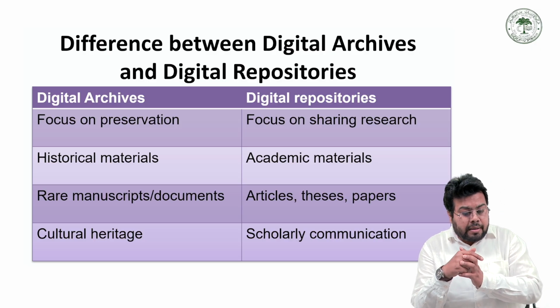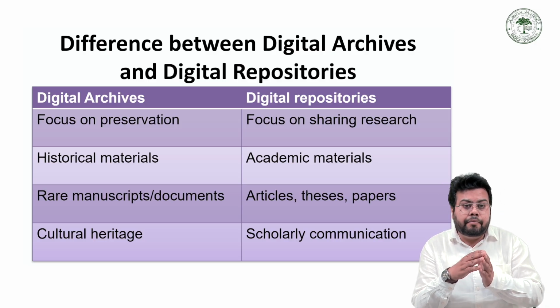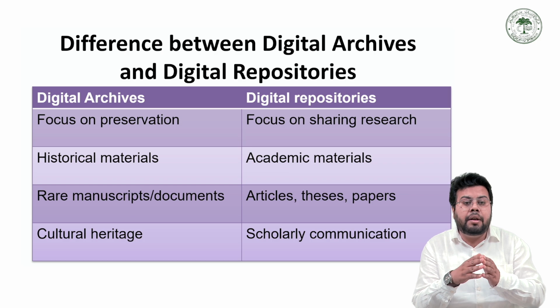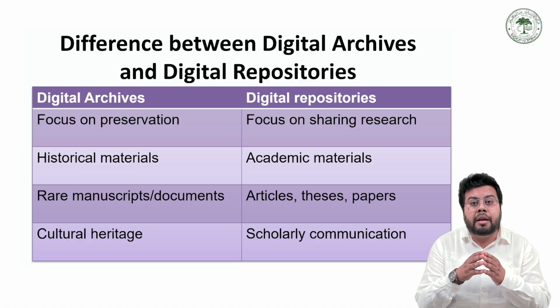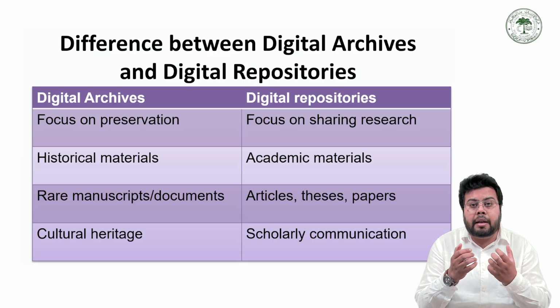Another difference is the historical material. Digital archives generally take into consideration historical material that belongs to our history, because that is something invaluable, which has a value that can never be measured.